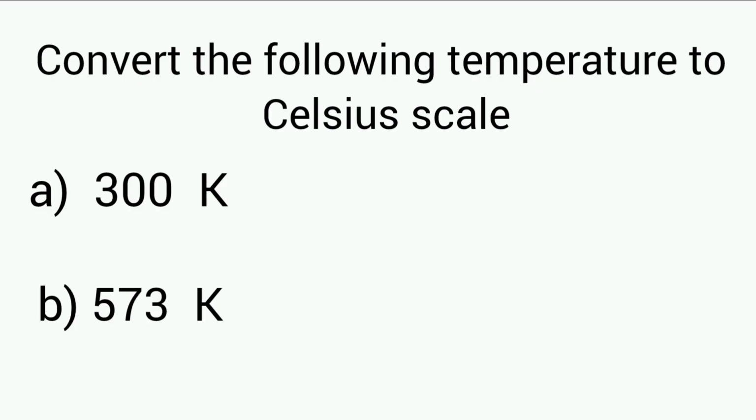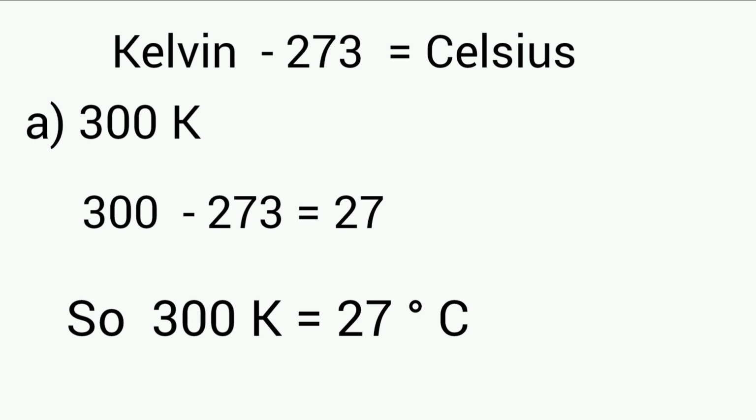Convert the following temperatures to Celsius scale. A, 300 Kelvin. B, 573 Kelvin. Now we will learn how to convert a temperature from Kelvin scale to the Celsius scale. Just remember the formula: Celsius is equal to Kelvin minus 273.